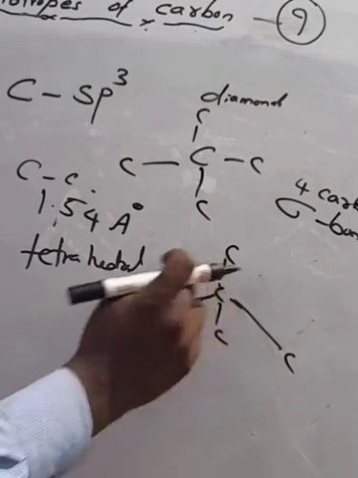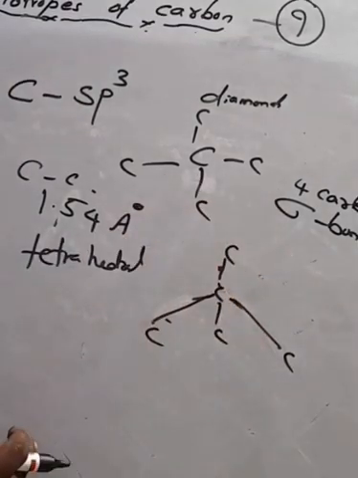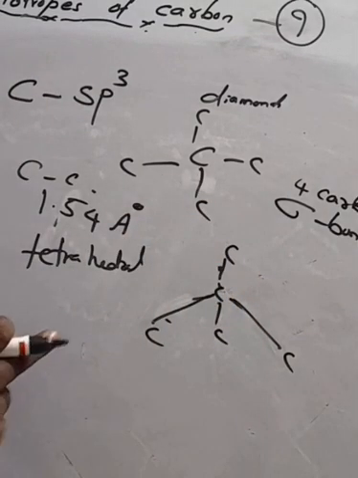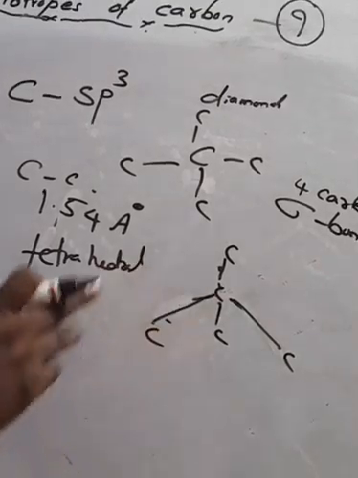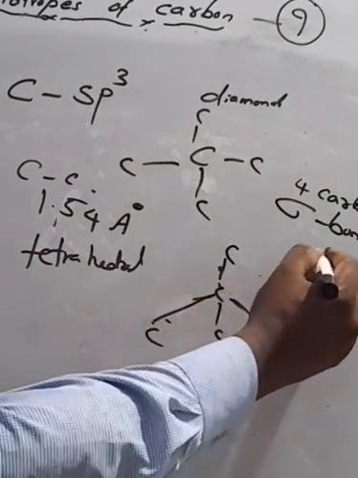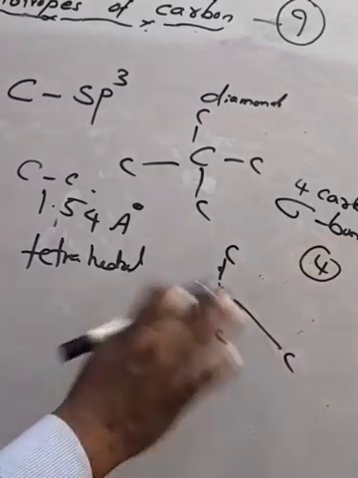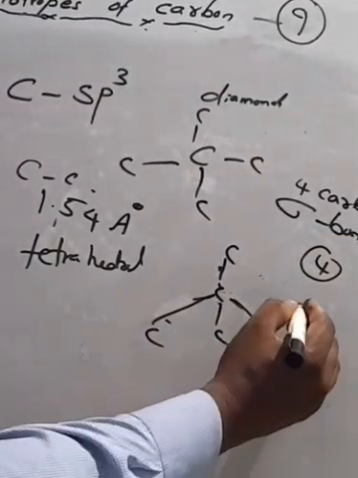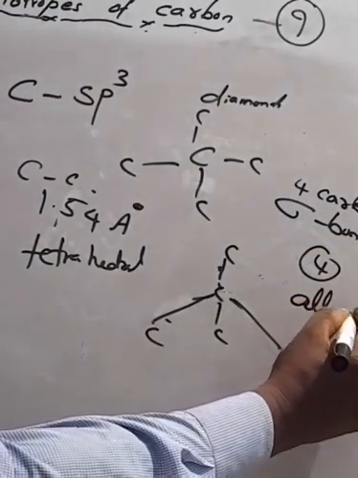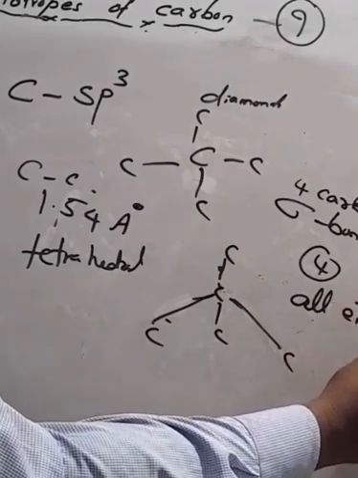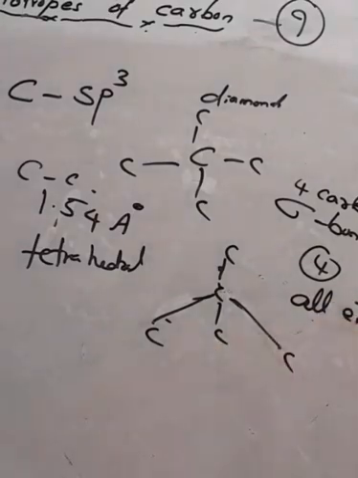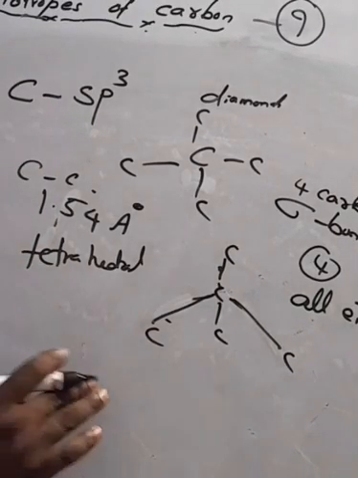Here, the central carbon atom is surrounded by 4 different carbon atoms. All 4 valence electrons of the carbon atom are involved in bonding. Am I right? These are all bonding with other carbon atoms. There is no free electron for moving.